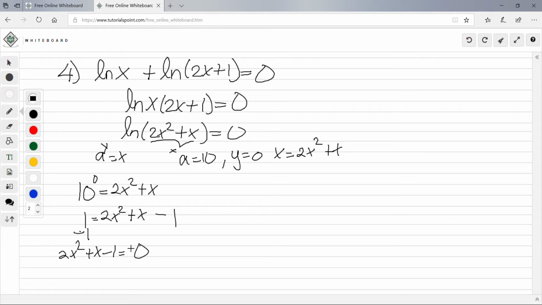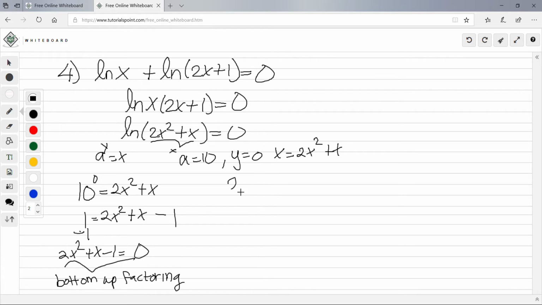Good. Now let's factor this. This one's a weird one, right, because there's a 2 in front. So we're going to use bottoms up factoring.